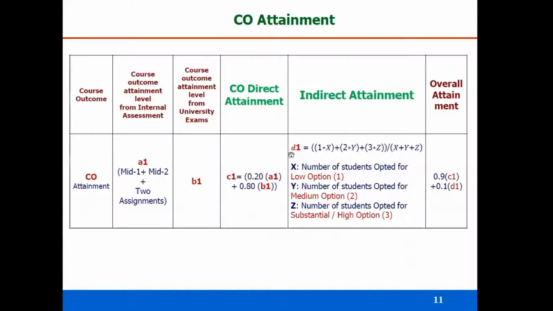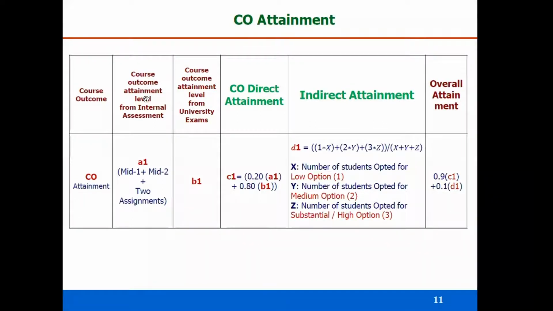Okay, now the following table shows all the consolidated formulas and patterns for CO attainment. Here, for a particular course, whatever the course, all the COs are considered.